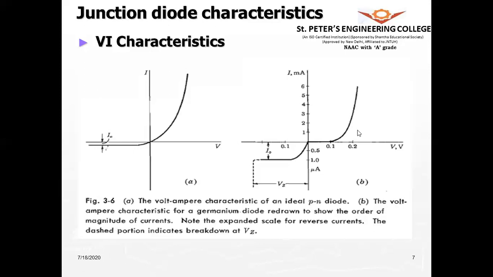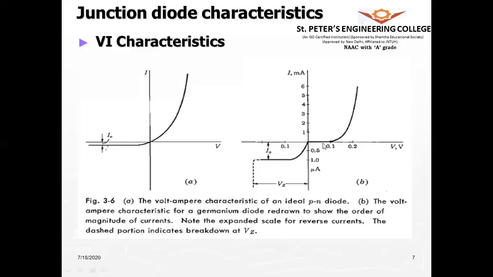For a germanium diode it is around 0.3 volts, and for a silicon diode it is about 0.7 volts. How do we choose between a silicon diode and a germanium diode? If you want the knee voltage to be more, then we go for the silicon diode.